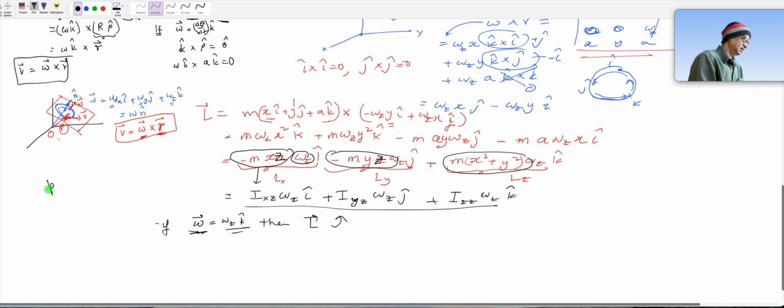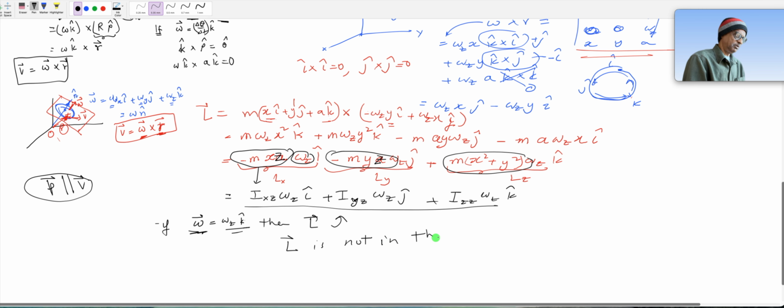Remember, the linear momentum p is always along the velocity direction, but this L is not in the same direction as omega. So this is a big distinction in the vector nature.